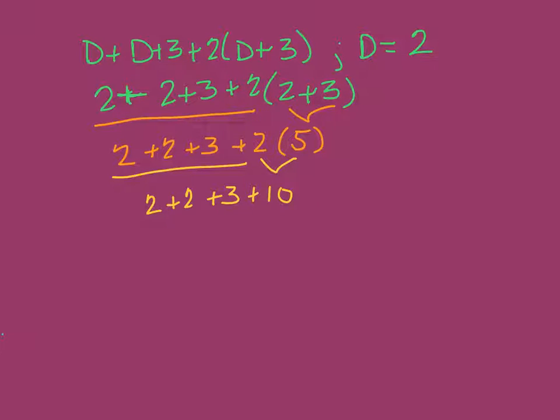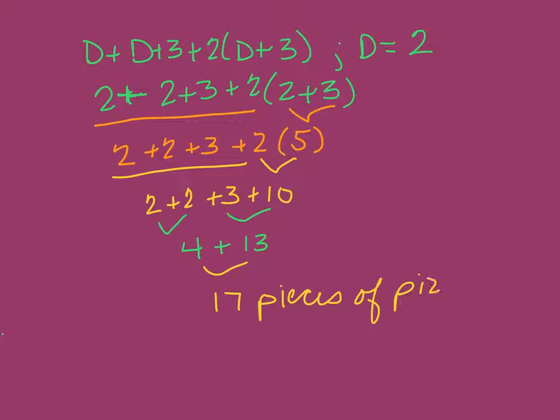Now I can add going from left to right, but since all I'm doing is addition, I can do this and this. 2 plus 2 is 4, plus 3 plus 10 is 13. 4 plus 13 is 17 pieces of pizza in total.